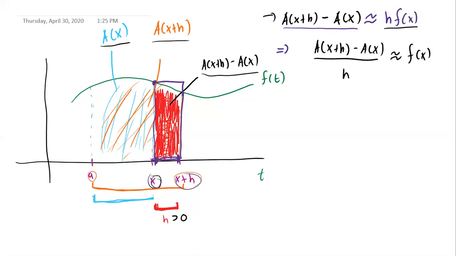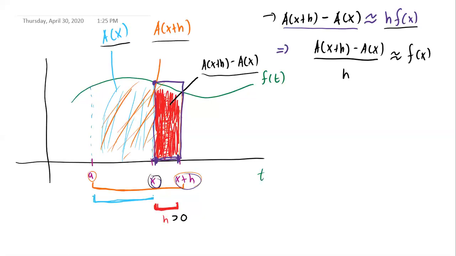We had that the area in red here, the net area, is approximated by h times f of x, where h was the length of the rectangle, and f of x was the height of the rectangle. We're using that to approximate. Then from this, we divided by h on both sides because it's greater than 0, so we're not dividing by 0 here.